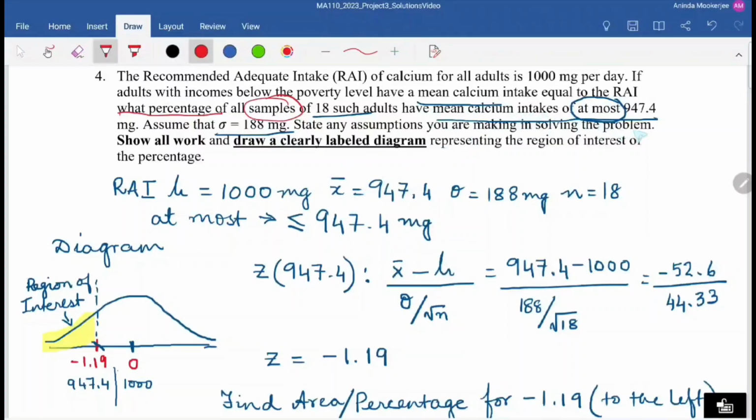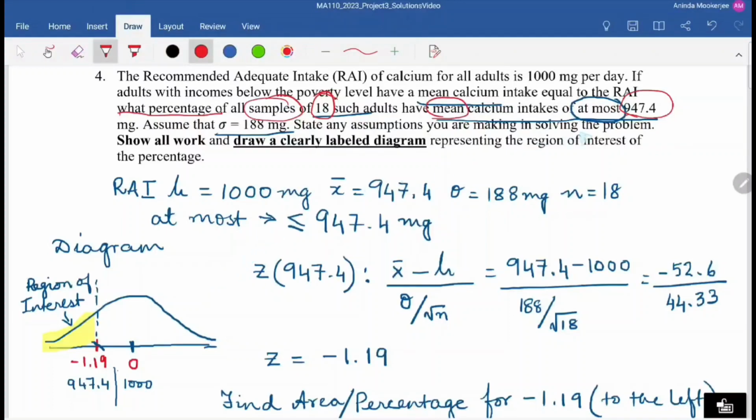The sample mean that we are talking about, of all samples of 18 such adults with mean calcium intakes of, for the time being we can ignore at most, 947.4 is the mean for a sample of 18 adults. So X bar is 947.4. Extract the data and write it up front. Sigma, the population standard deviation, is 188. N is 18.